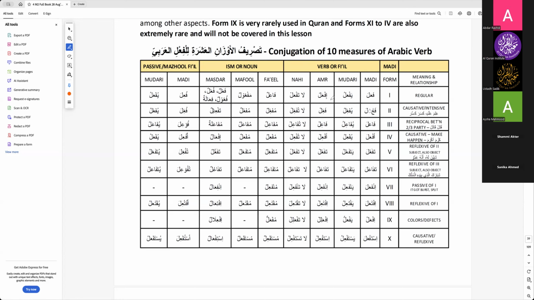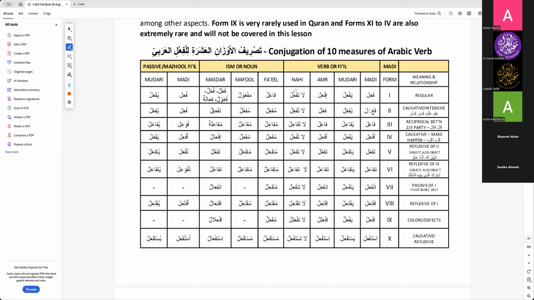Then amr if'al, nahi la taf'al, fa'il, fa'ilun, and then maf'ul is maf'ulun. And masdar, there are 3 or 4 types here. Fa'lun, fu'lun, fu'ulun, fi'alatun. And then madi majhul is fu'ila, yuf'alu. You can see the patterns here from 1 to 10.